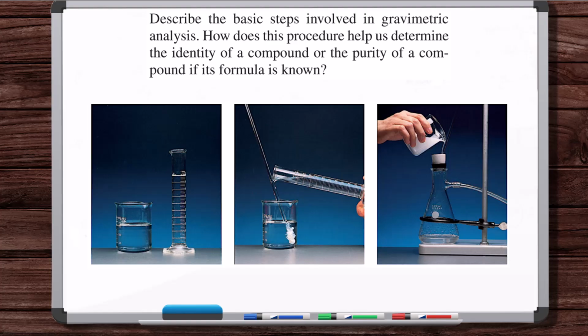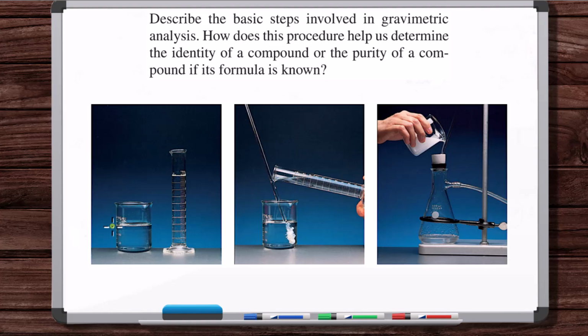Okay, and so the idea is you're going to precisely weigh out a certain mass of the unknown substance, record that mass, and then dissolve all of that in a beaker of water like this. Now, how much water, what's the total volume of this beaker solution, doesn't matter.